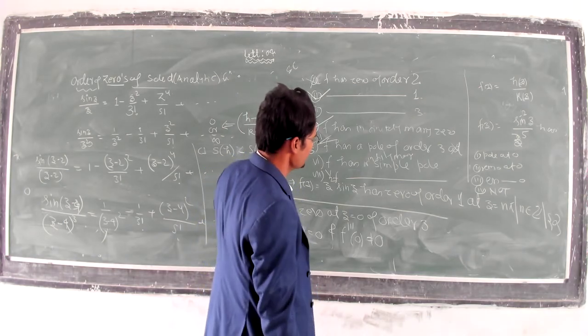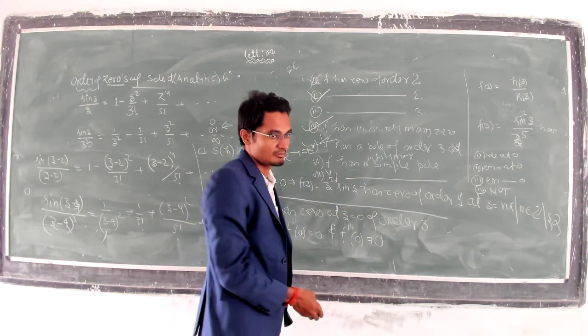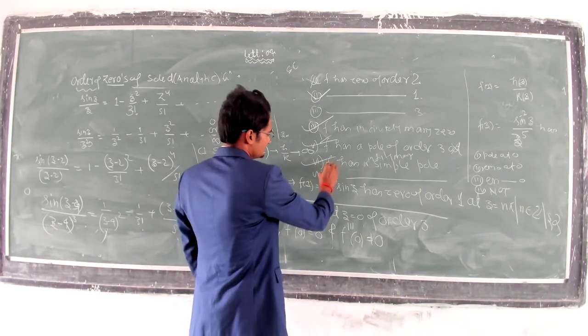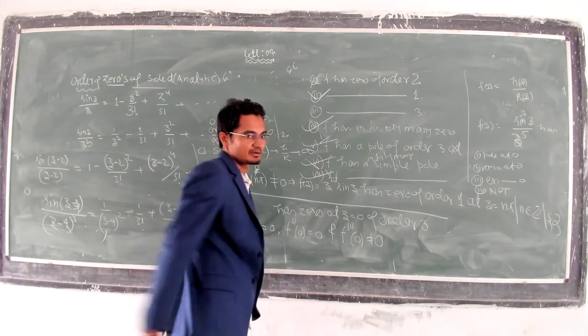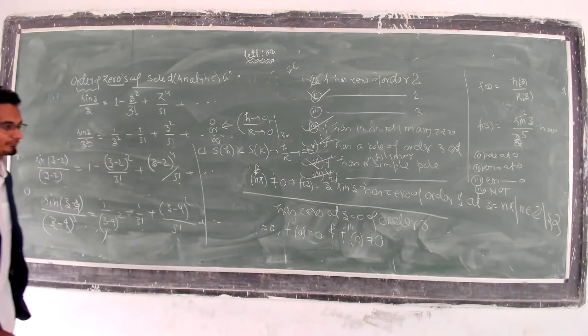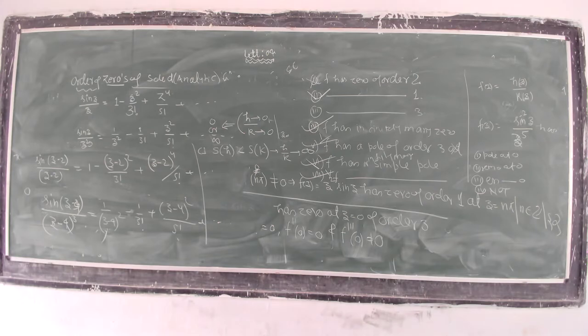And f has infinitely many simple poles, that is not correct. 1 over f has. 1 over f tending to 0, infinity, right? Not f tending to.